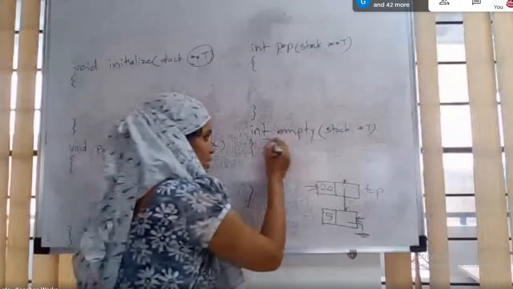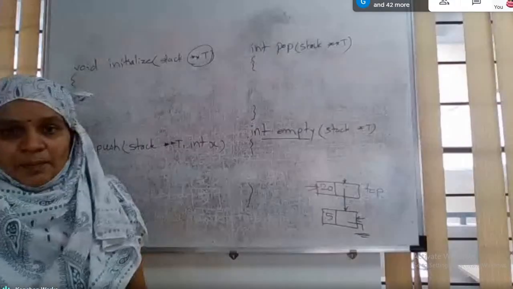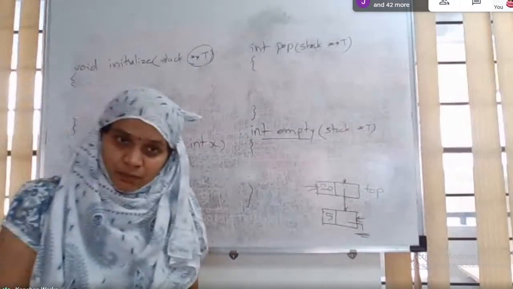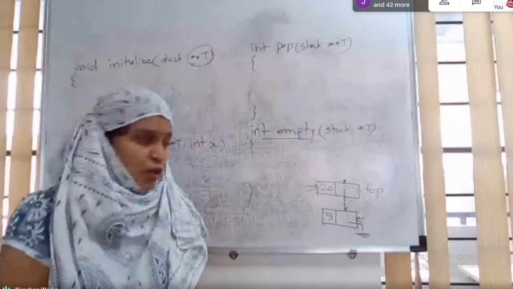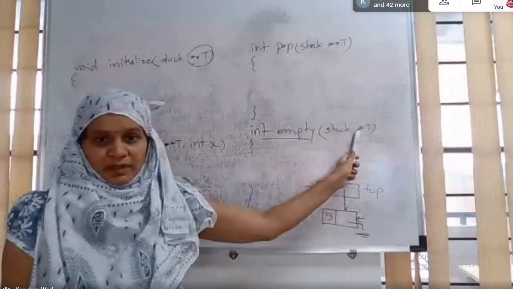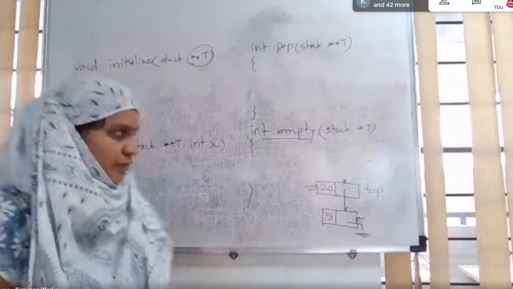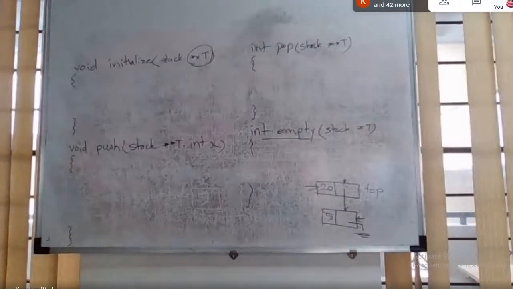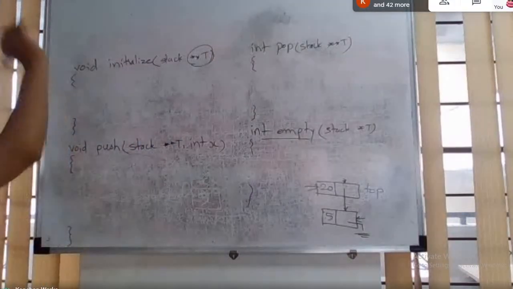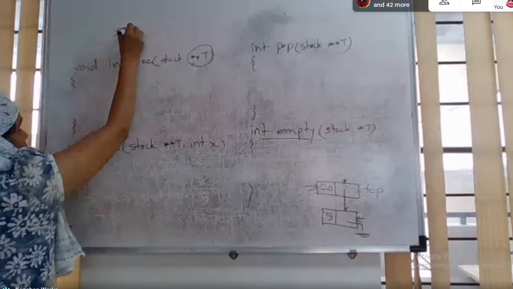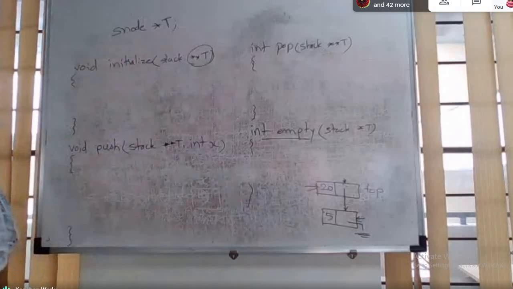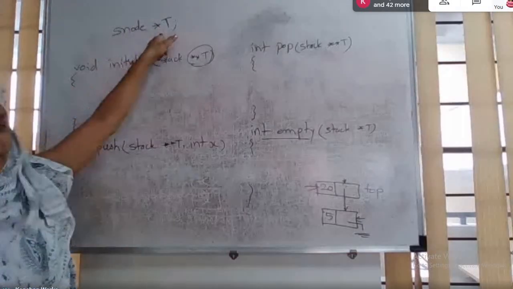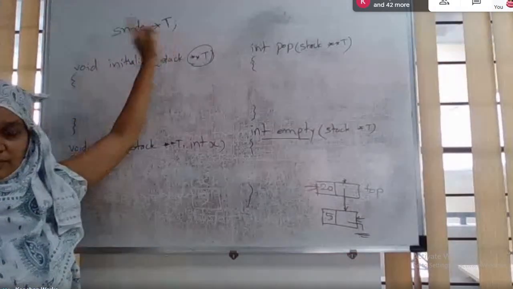Whenever I am executing this function, int empty, I am just checking whether the stack is empty or not. I am not going to change the value of top at all. That's why a single pointer is there. Now, before all this, I have to indicate S node, stack node pointer T, which means this is the top pointer.